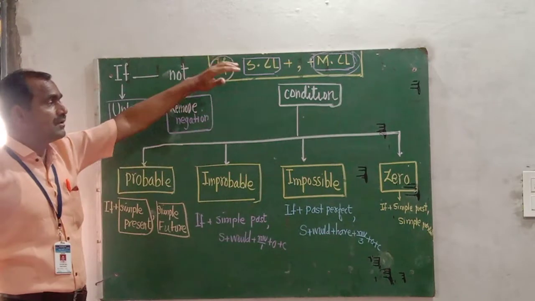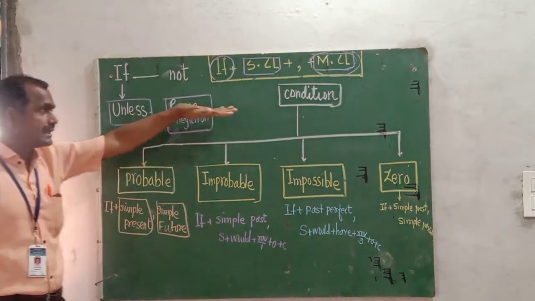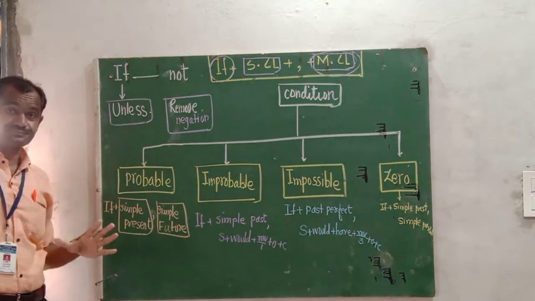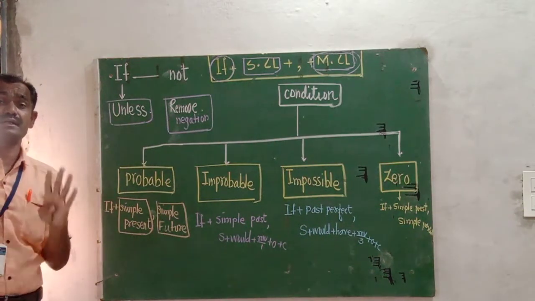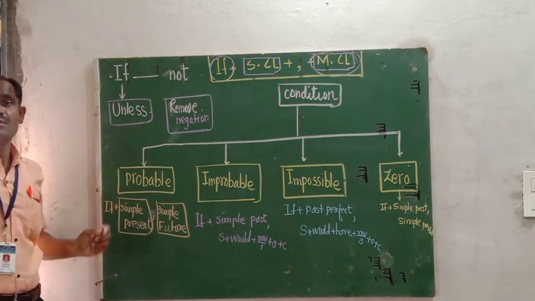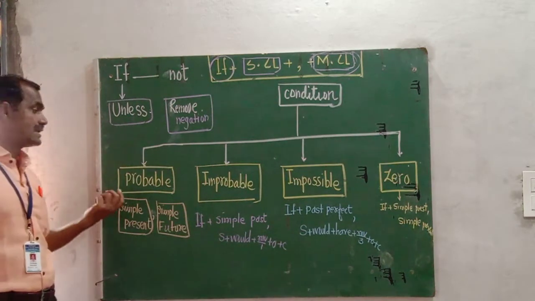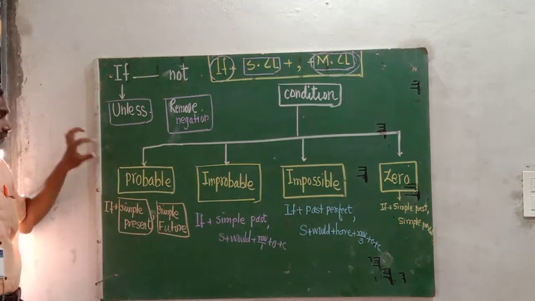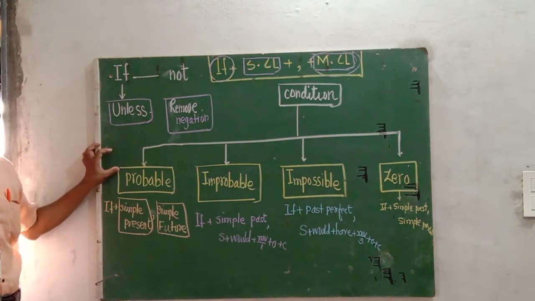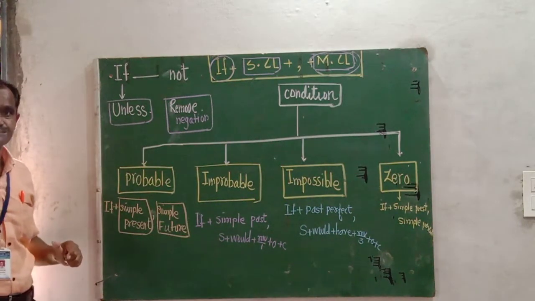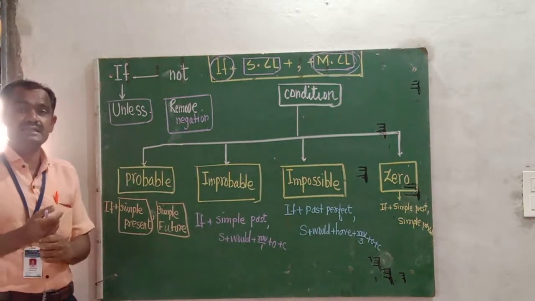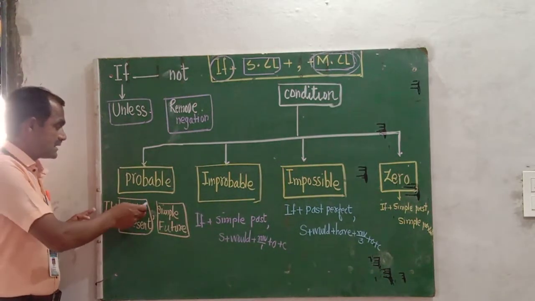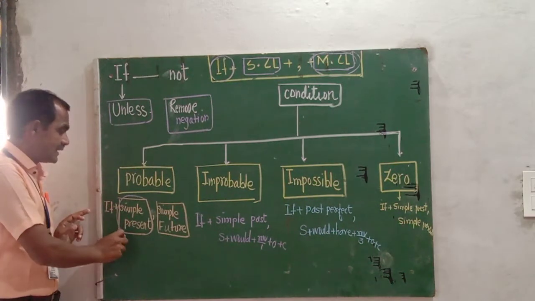If you think about the condition, here is a T diagram, which classifies four important types of condition. The first condition is called the probable condition. The probable condition is a real condition in which the structure pattern is given here.